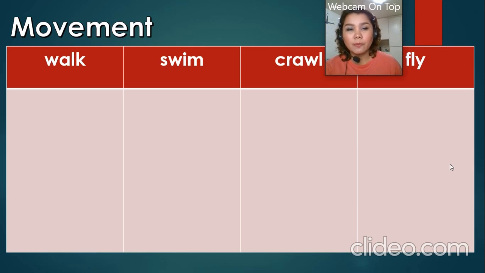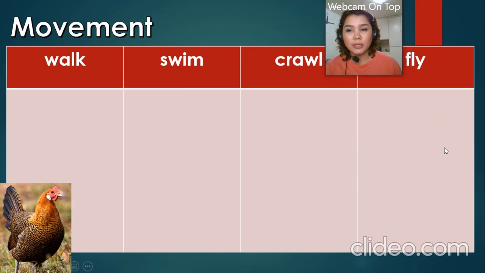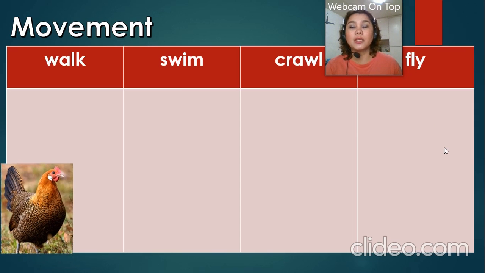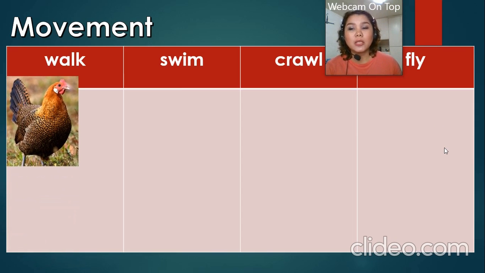Okay, I'll show you a picture of an animal, and then let's group them correctly. So first is chicken. How does it move? Okay, the answer is walk. Even if they have wings, they cannot fly, because the size of their body is much bigger than the span of their wings.